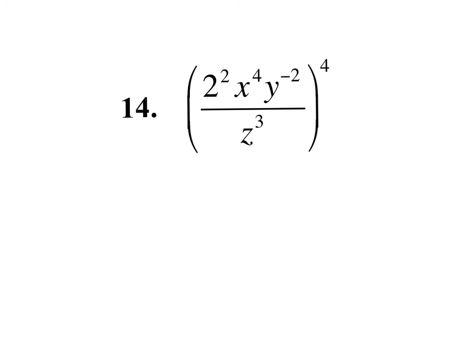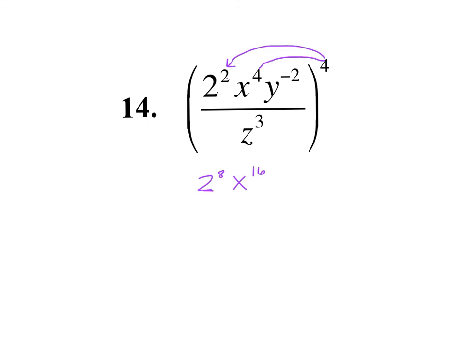Okay, this one, you have 2 to the 2nd to the 4th, right? So that's 2 to the what? 2 to the 8th power. You have x to the 4th would be x to the 16th power.